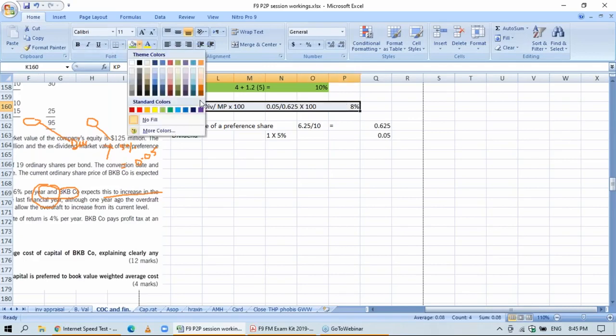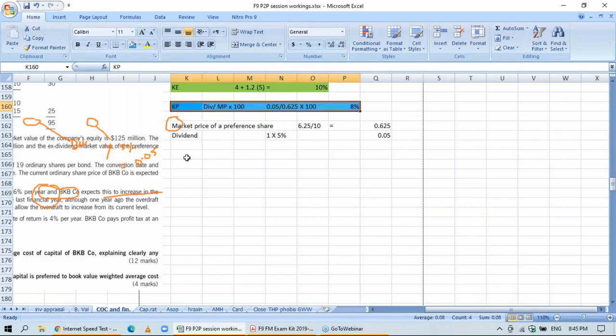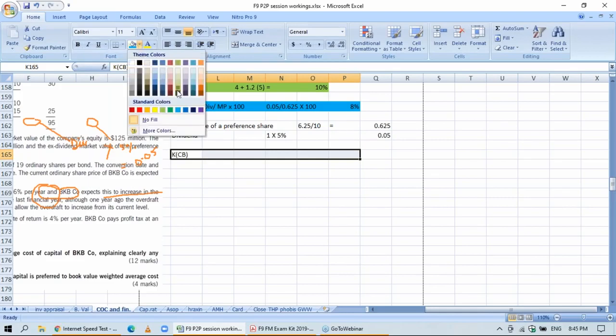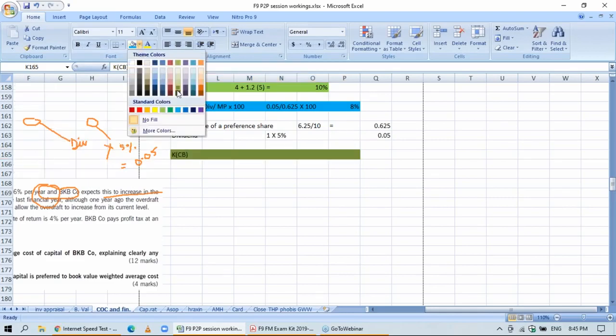So next is the cost of the convertible bond. Cost for the CB. CB stands for convertible bond. You can write just KD, cost of debt. That's the next one. So the cost of convertible bond will be the IRR, internal rate of return.